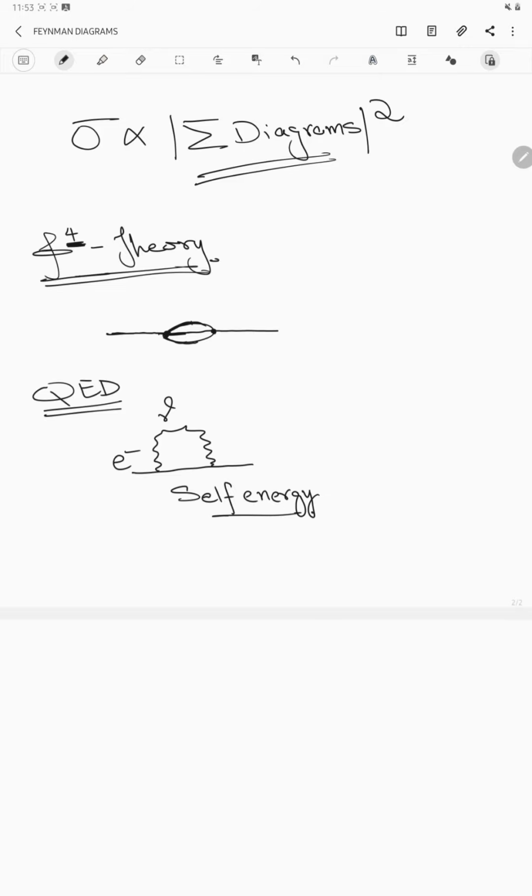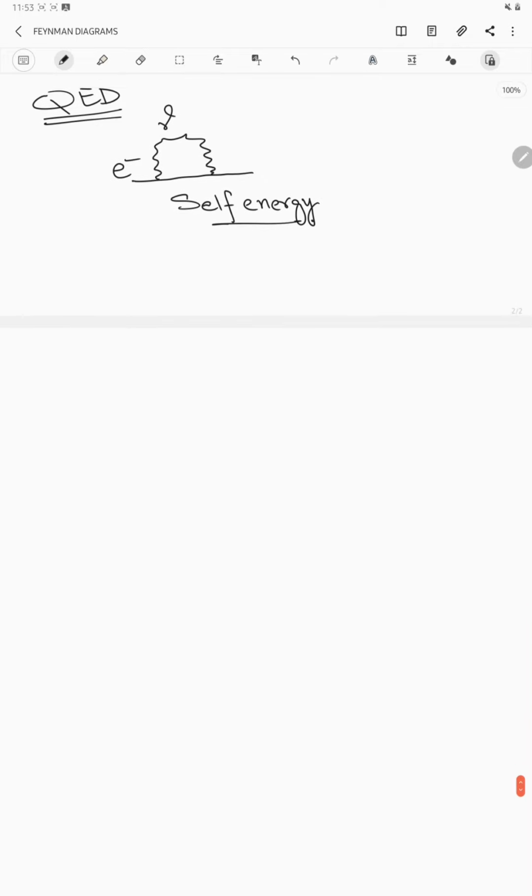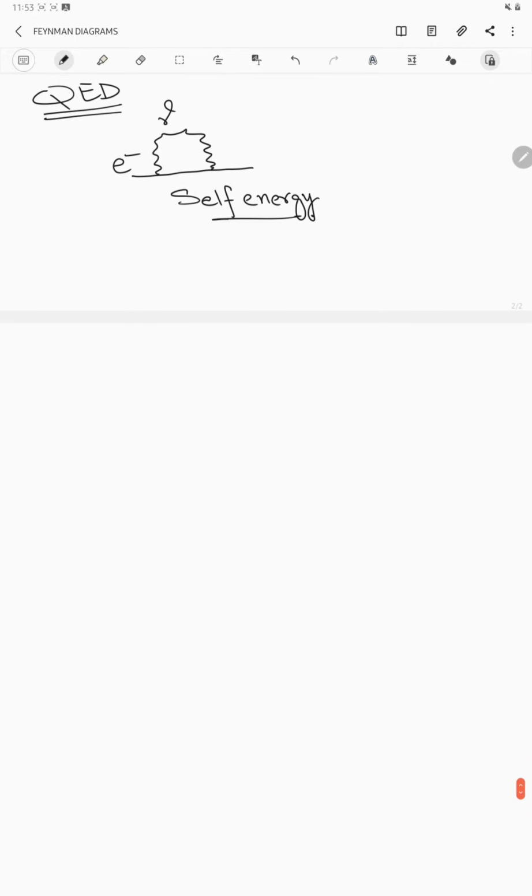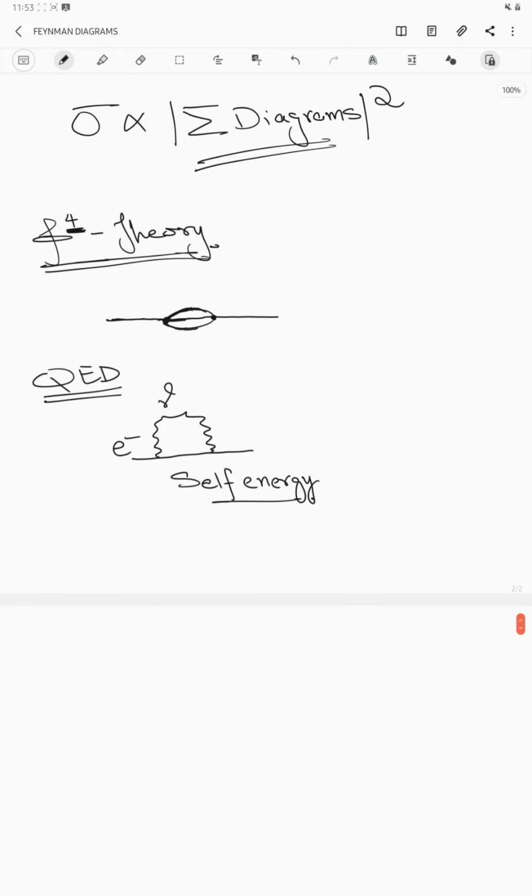Of course, we could have a lot of Feynman diagrams for quantum electrodynamics, and even for this phi-4 theory. You could have some diagram that looks like this, where you have a vertex here, and you can see that we have 4 lines coming out of this vertex, so it satisfies the phi-4 theory.